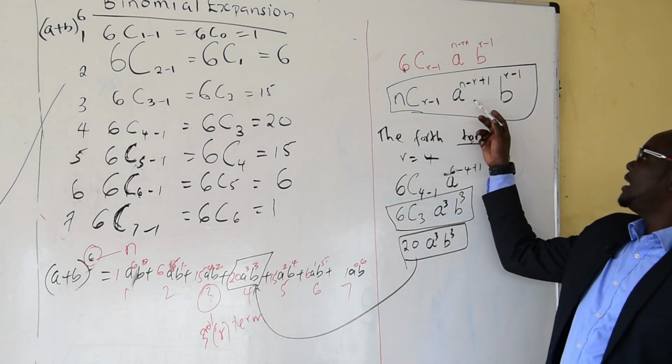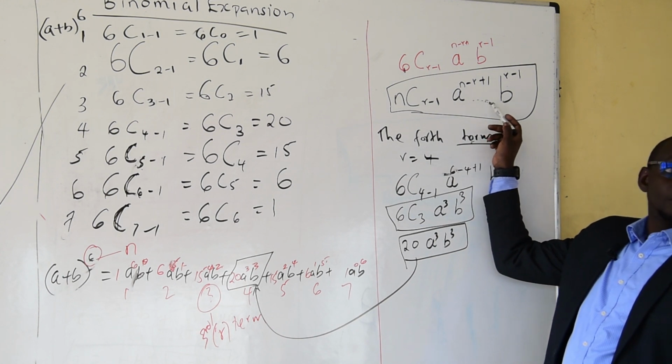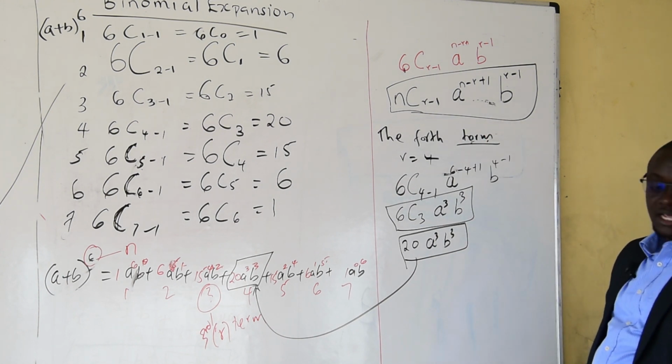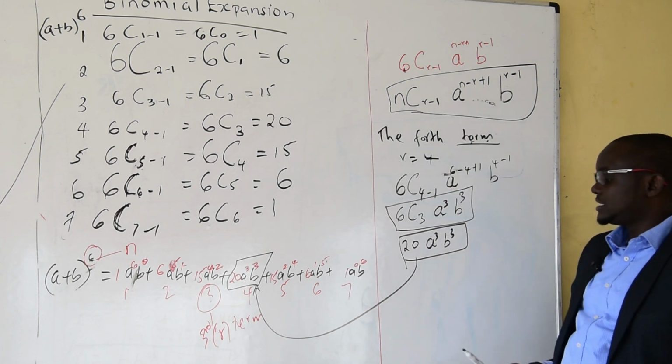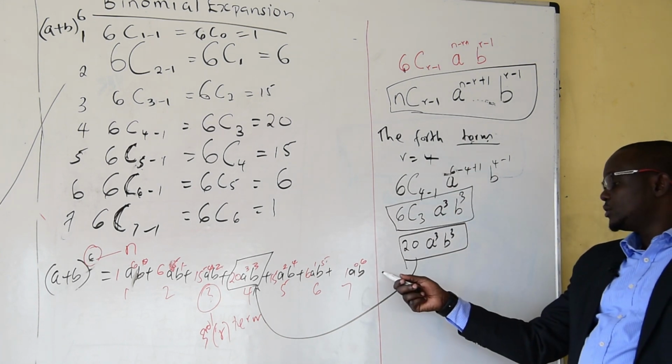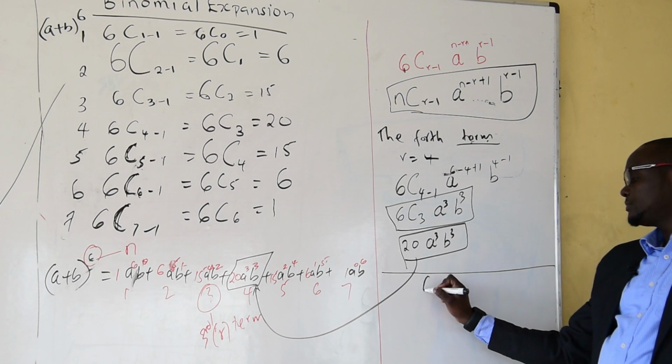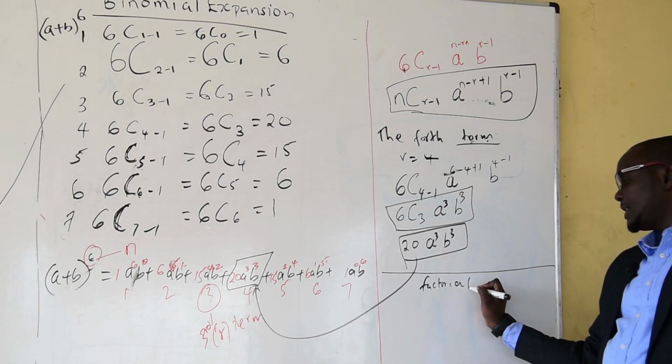So this is the formula that we use when we are doing binomial expansion. Instead of using that formula, you can use this. Alternatively, you can use what we call the factorial formula.